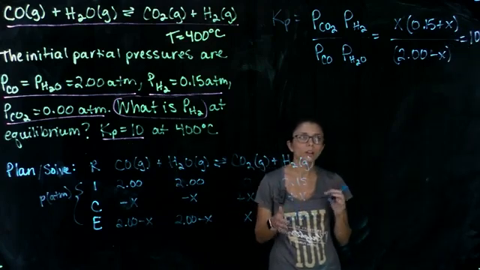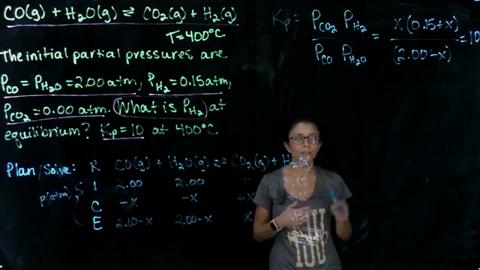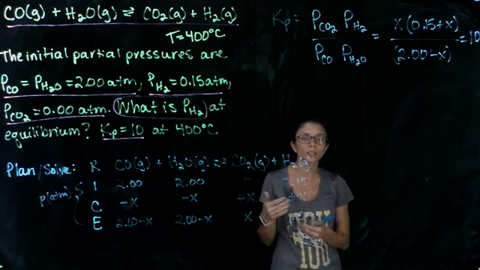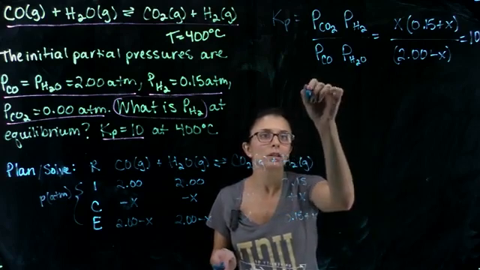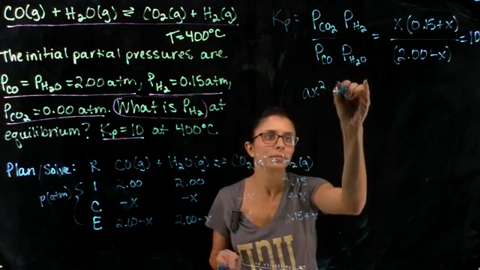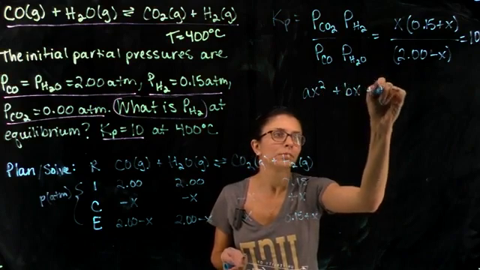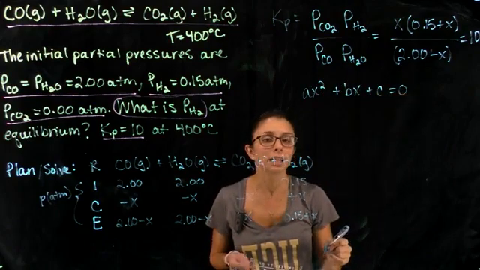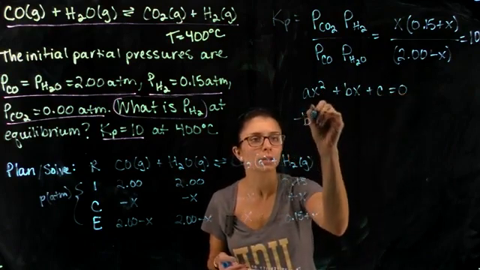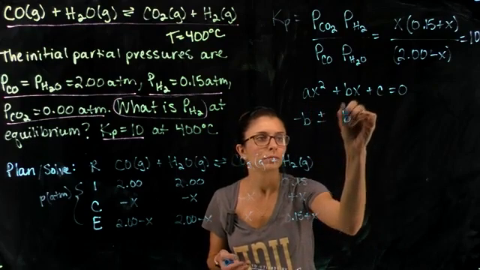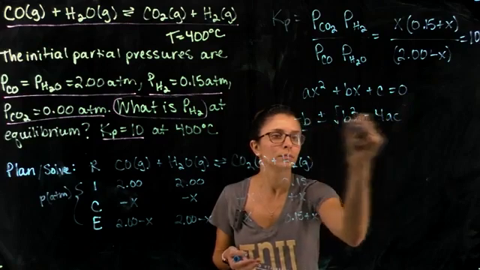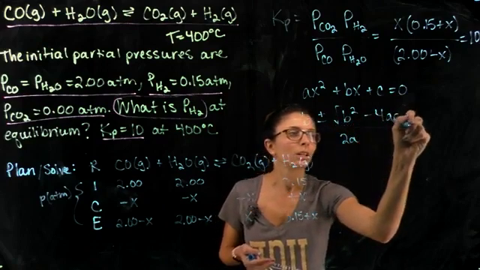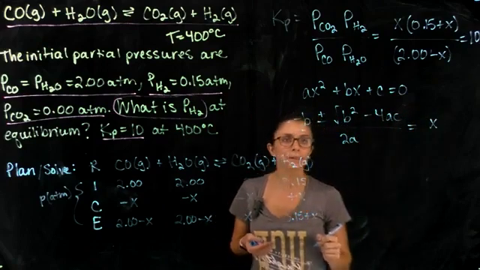All right, so if I rearrange this so that everything is on one side of the equal sign, I'm going to get a quadratic equation that looks like this. And I can solve that using the quadratic formula. That's going to be equal to x.